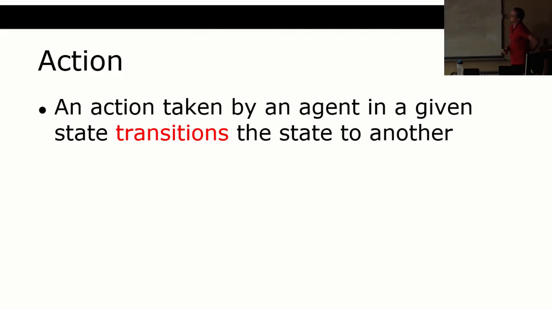Okay, so an action taken by an agent, now we're going to get into actual definitions that we can implement. An action taken by an agent in a given state transitions that state into another state.